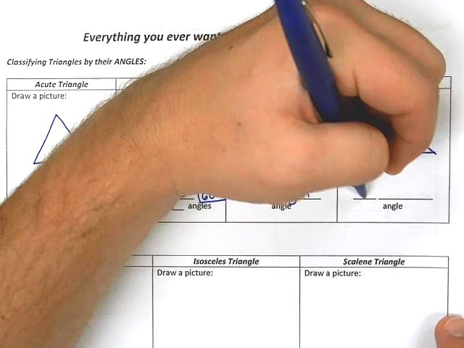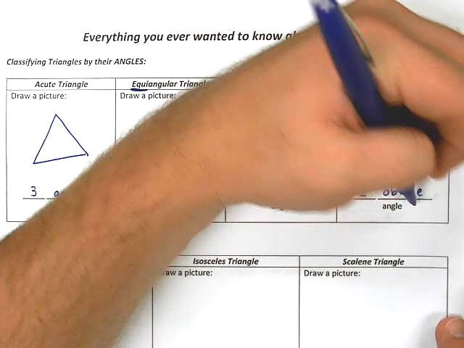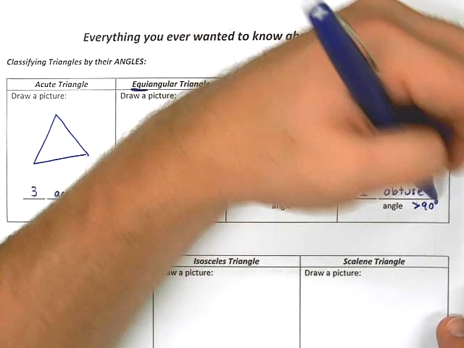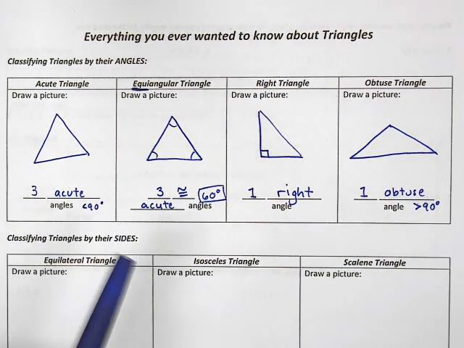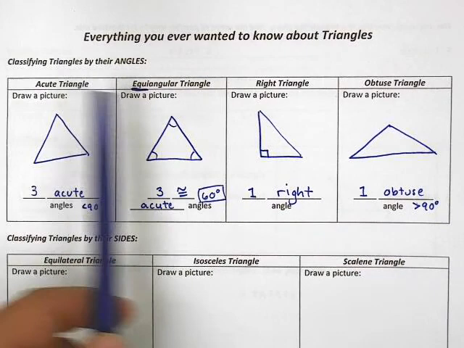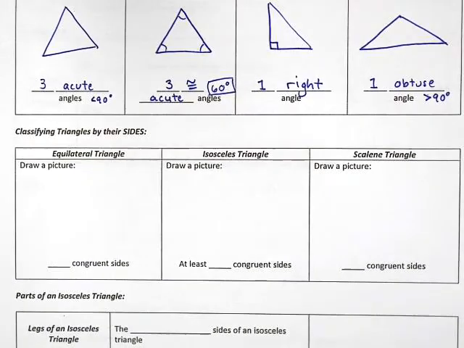And we know that we have one obtuse, or greater than 90 degree angle. Okay? So those are the types of words I would be looking for if we're classifying triangles by angles. Acute, equiangular, right, obtuse.